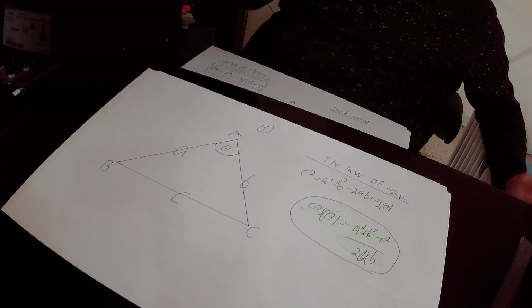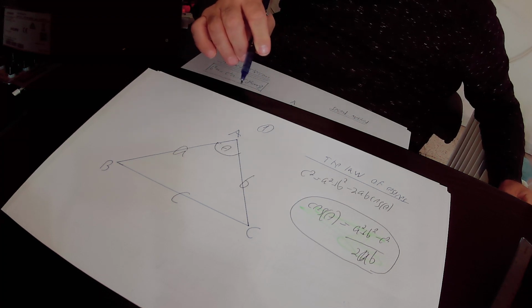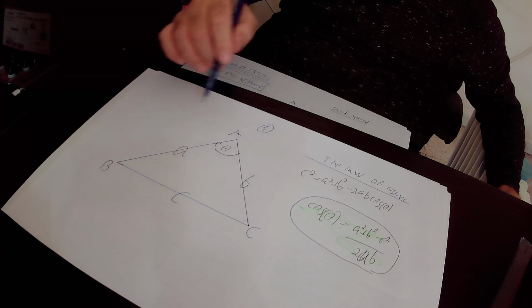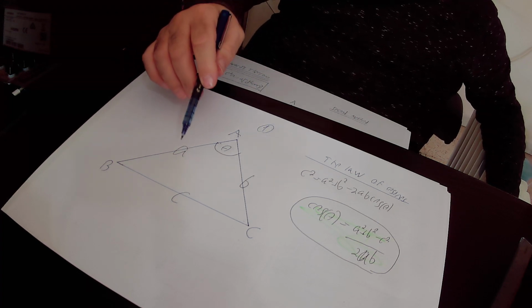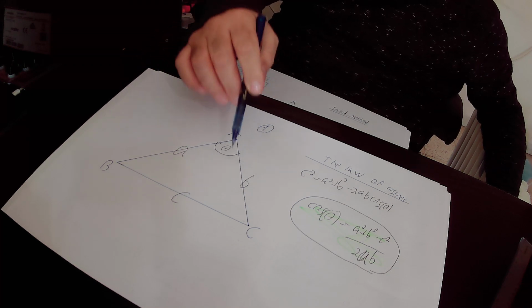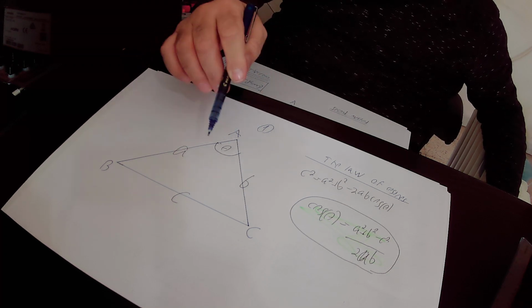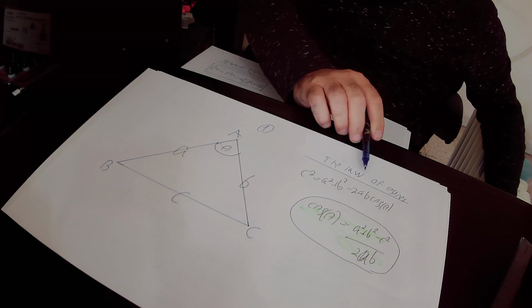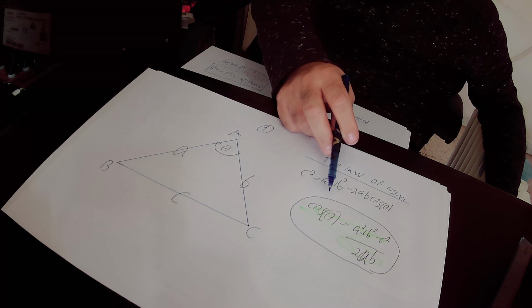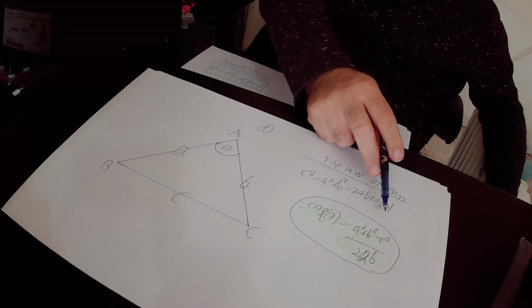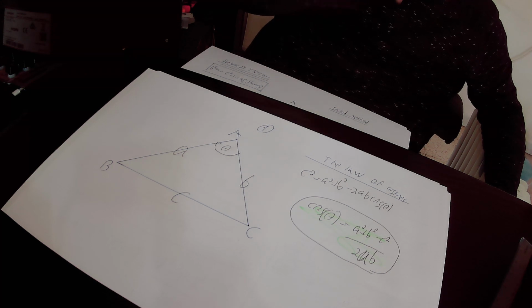Then according to the law of cosines, c squared, and here angle BAC equals theta, of course. So according to the law of cosines, c squared equals a squared plus b squared minus 2 times ab times cosine theta. From this equation, it is very easy to arrive at cosine theta equals a squared plus b squared minus c squared over 2 times ab.